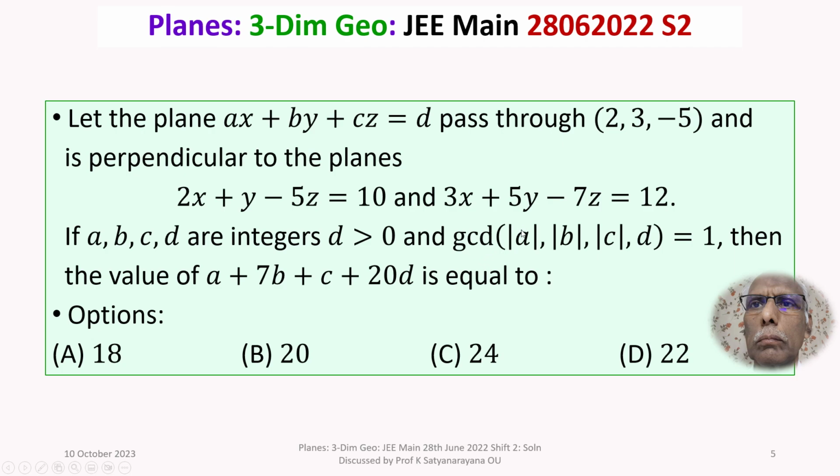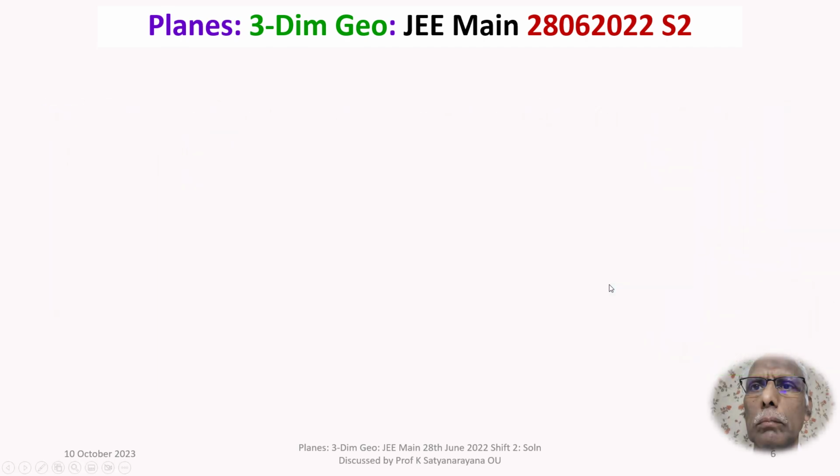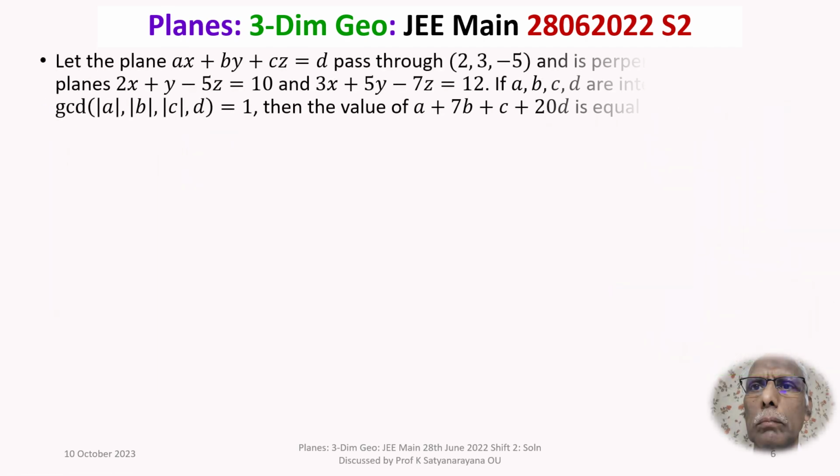The GCD of mod a, mod b, mod c, d is equal to 1. Then for such a plane, find the value of a plus 7b plus c plus 20d. That's the question.